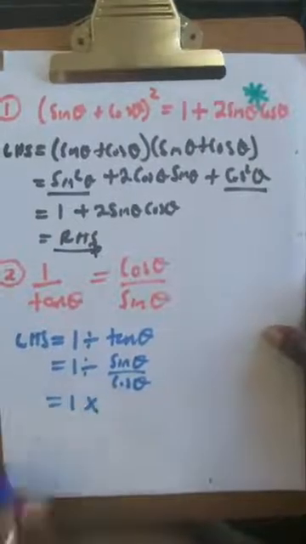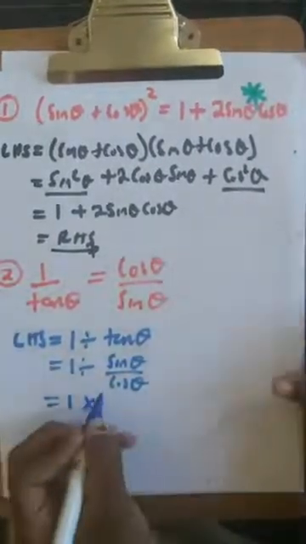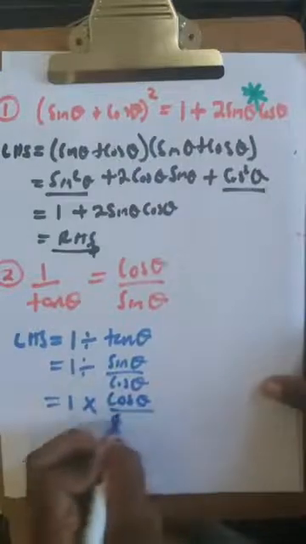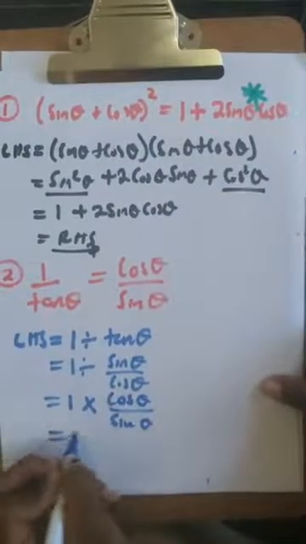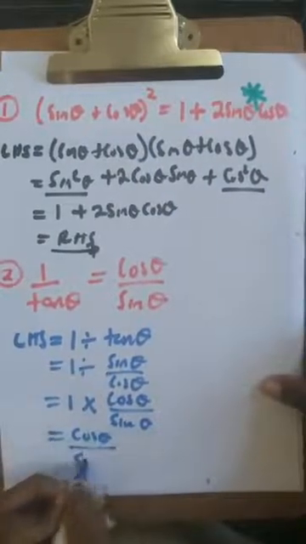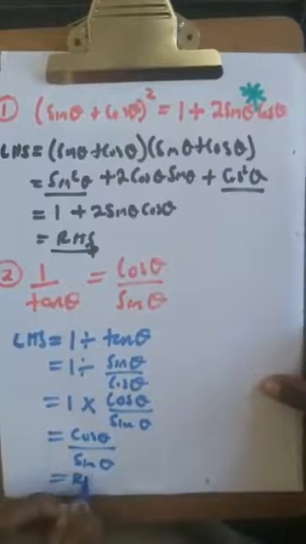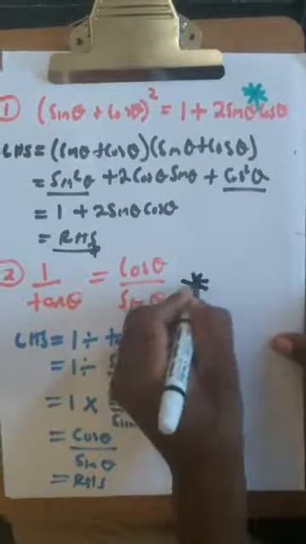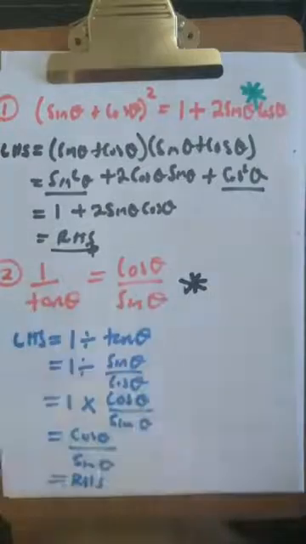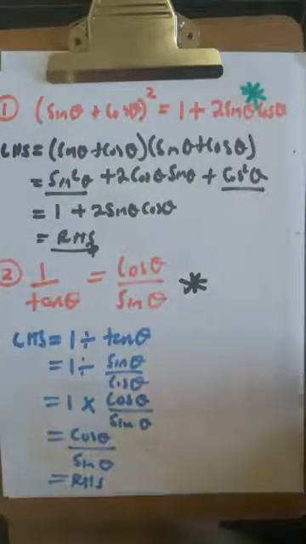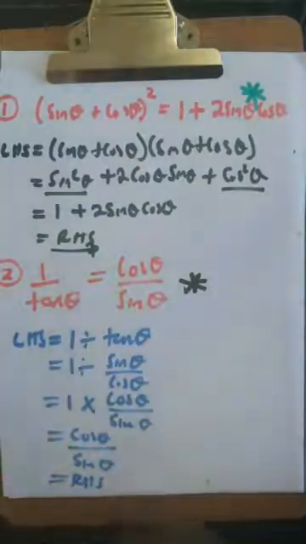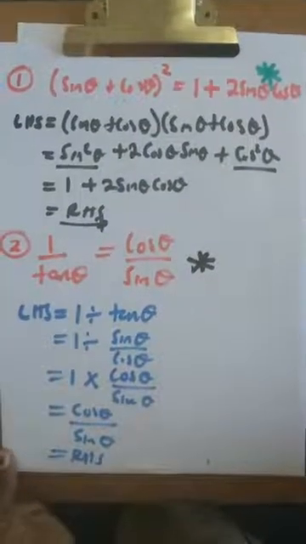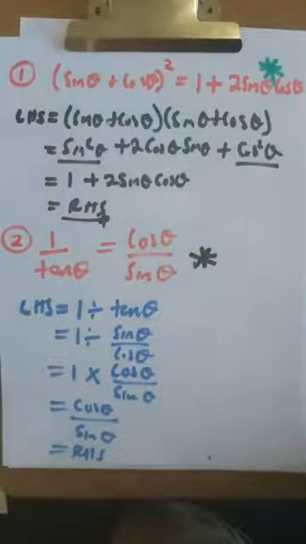Then you multiply by the inverse, and we get cos of theta divided by sine of theta, which is equal to the right hand side. So this one is very important. It's just the inverse, and you must make sure that you always remember it.